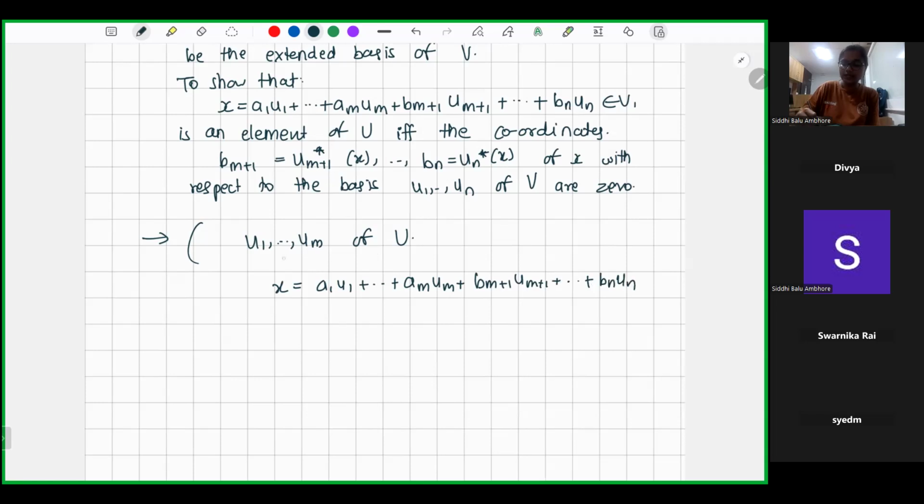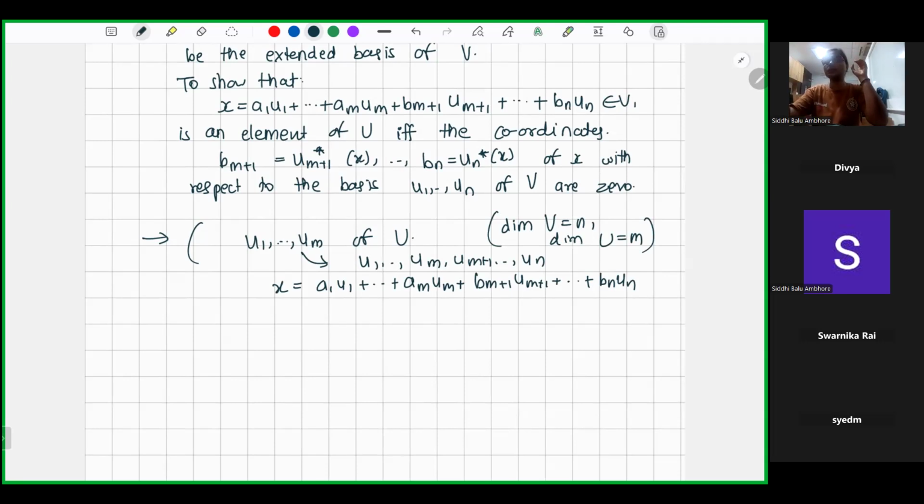So we are extending this to a basis of V. Dimension of V is n, dimension of U is m, and we know that every basis of a subspace can be extended to a basis of the whole vector space.